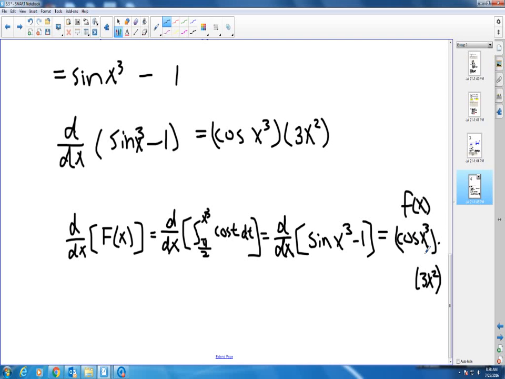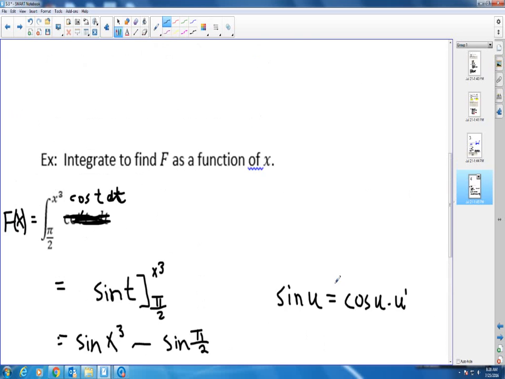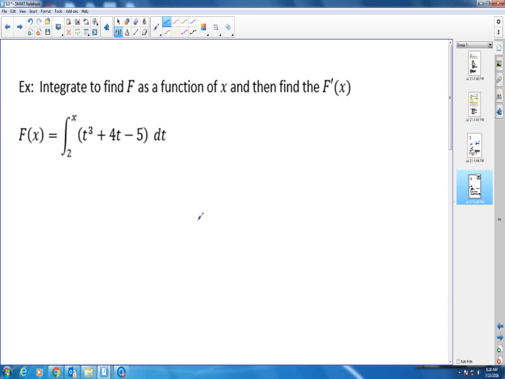So this one is a little bit more complicated. Let me do this one up here, so we're going to see it better. Integrate to find F as a function of x, then we're going to find F prime, the derivative of the antiderivative. So we're going to split these into three, since it has three separate integrals. Bring the exponent down to the denominator.